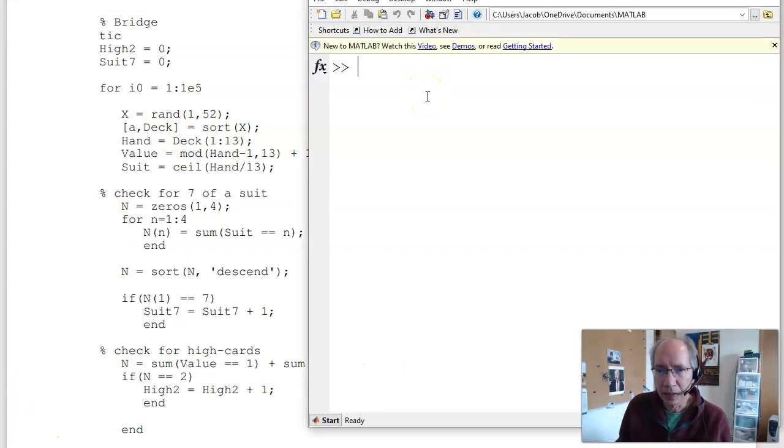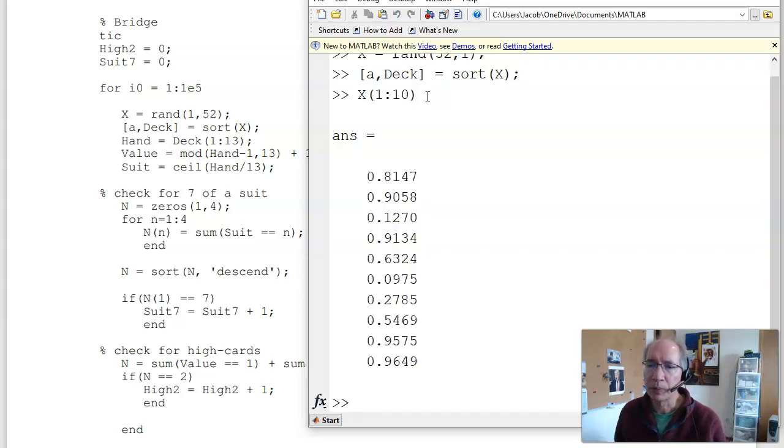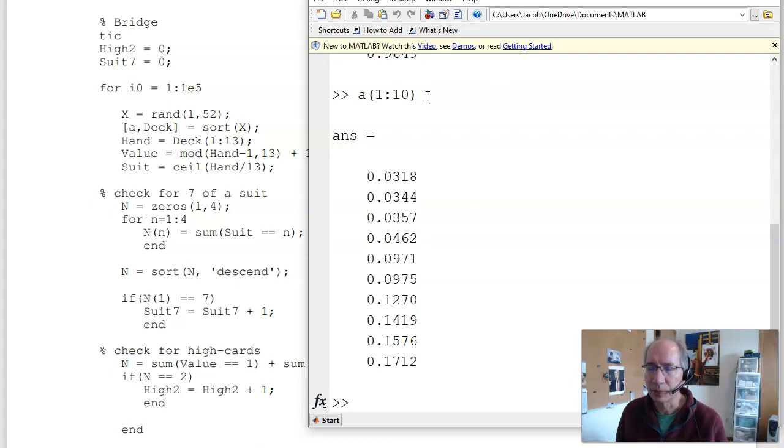First, deal out 52 cards. So this is what my random numbers look like. It generated 52 random numbers. When I sort them, the first number is the sorted data, which I don't care about.